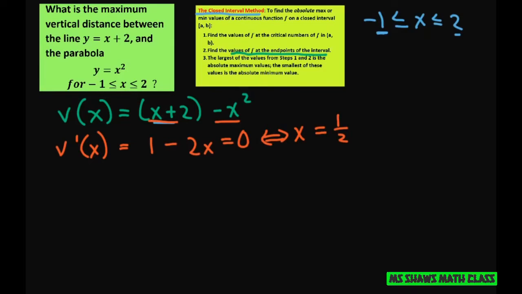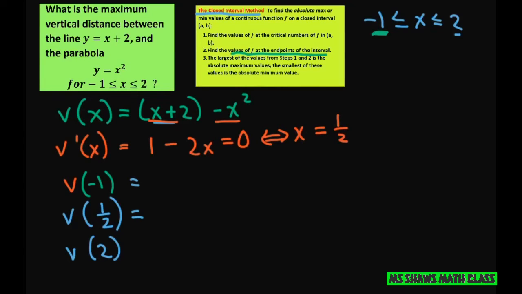So using our closed interval method, we're going to evaluate V of -1 for this endpoint, V of 1/2, and V of 2.